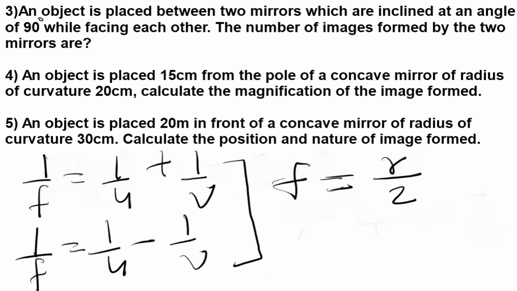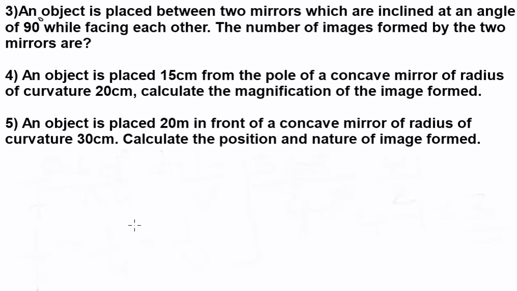So let's write below. Okay, so the question says an object is placed 15 cm, that's question 4, from the pole of a concave mirror of radius of curvature 20 cm. Calculate the magnification of image formed. Okay, now to get the magnification of image formed, we need the image distance and object distance.